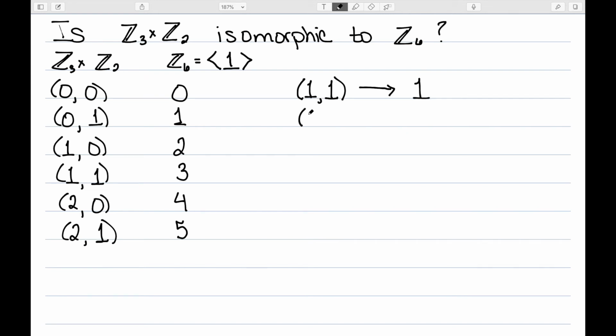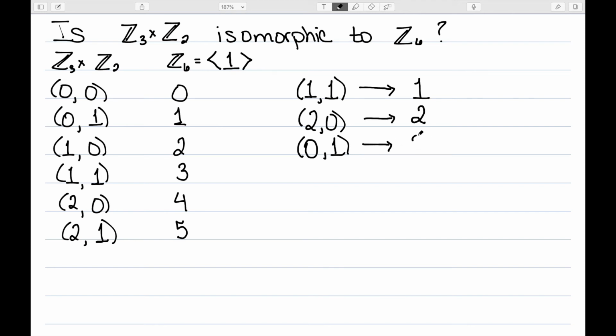I know 1,1 plus 1,1 is going to be 2,0. This needs to map onto 1 plus 1 to hold my group operation. If I add these two elements here, 1 plus 2 is 0. 1 plus 0 is 1. In order to hold my group operation for my identity to hold, I need to add these two.